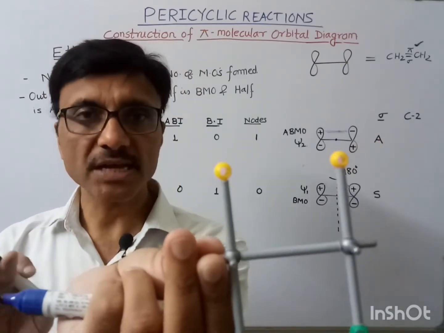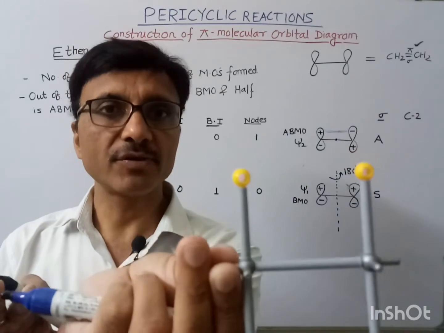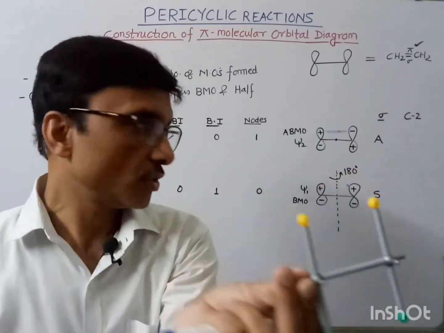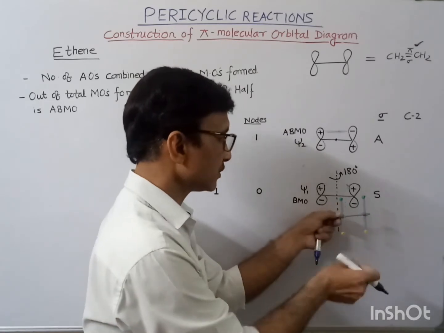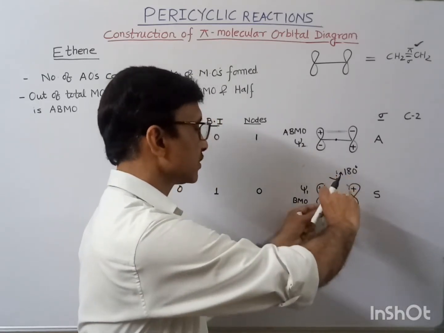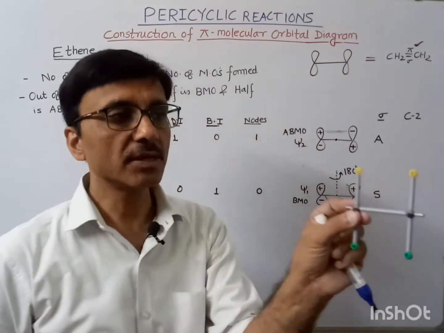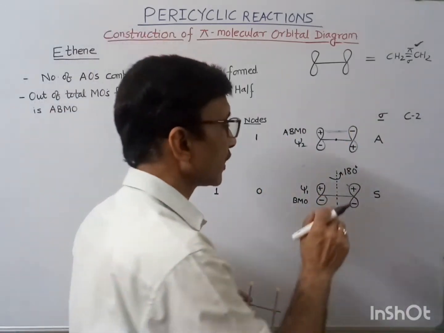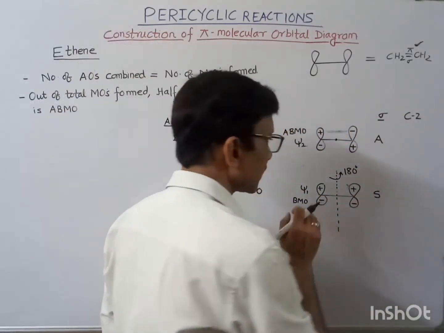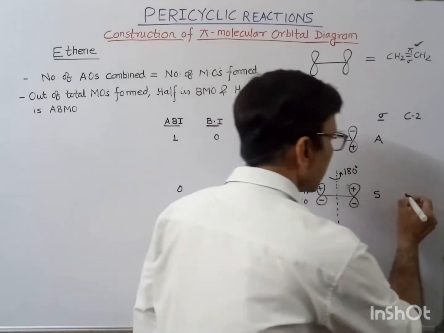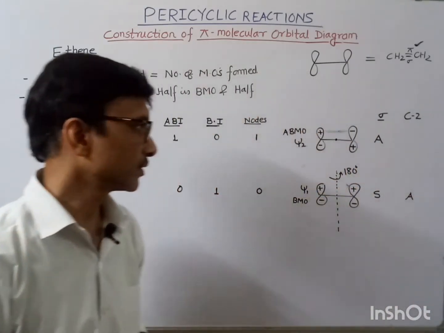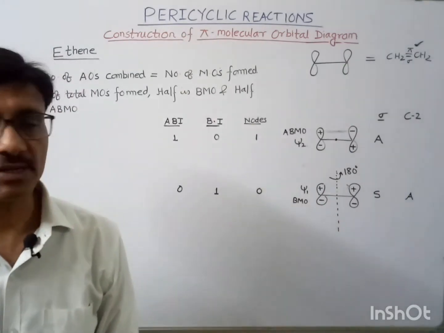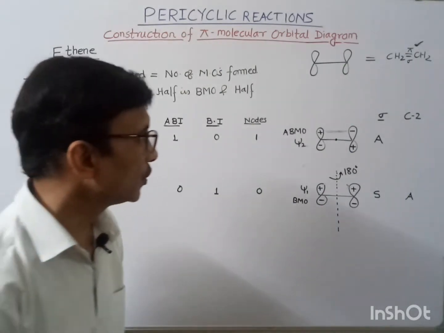If I found psi 1, it would mean it is symmetric with respect to C2. So that's why I should write here, this psi 1 is anti-symmetric with respect to C2.